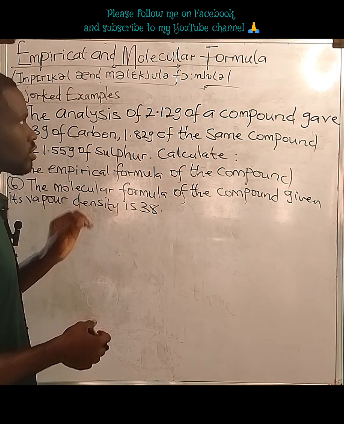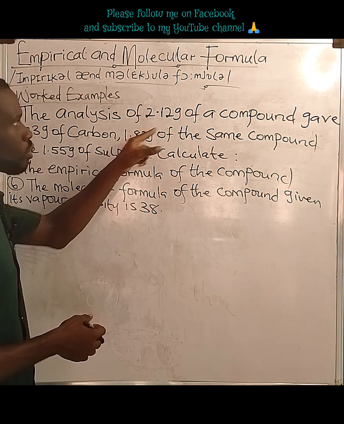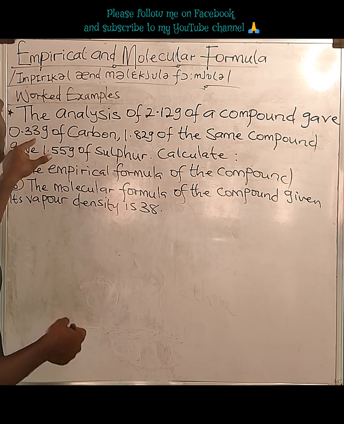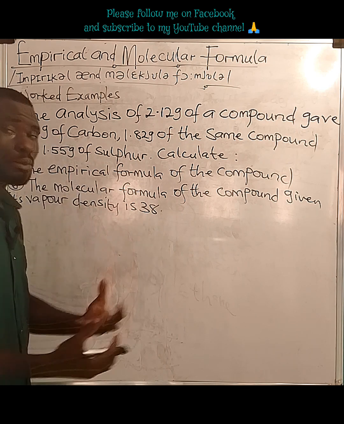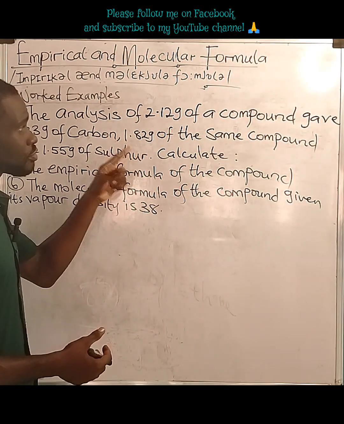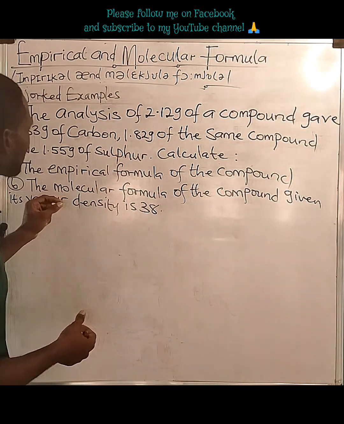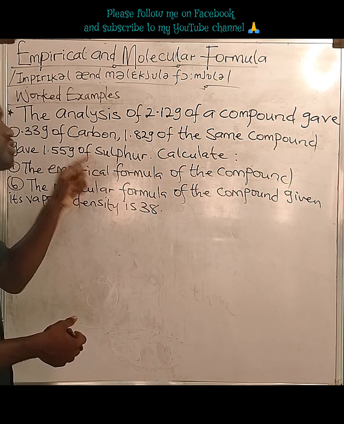We're not told the compound. We're told that 2.12 gram of that compound contains 0.33 gram of carbon, and 1.82 gram of that same compound contains 1.55 gram of sulfur.